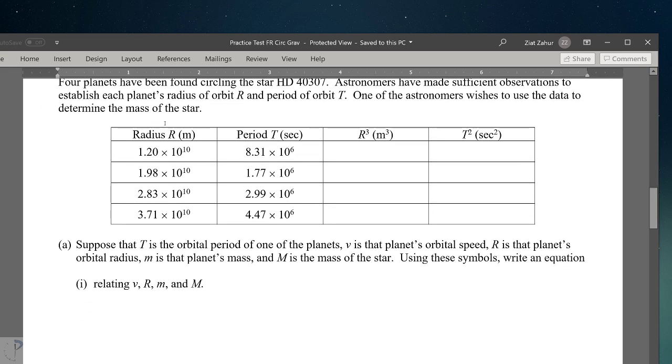Astronomers have made sufficient observations to establish each planet's radius of orbit r and period of orbit T. Capital T is period. One of the astronomers wishes to use the data to determine the mass of the star. Okay, so we have 4 planetary data, each planet's orbital period, and then the chart has you do r cubed and T squared, which is leading into something called Kepler's laws.